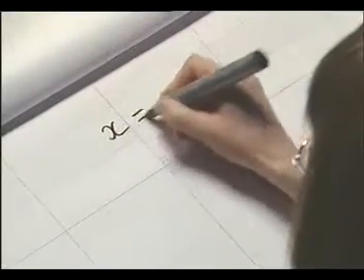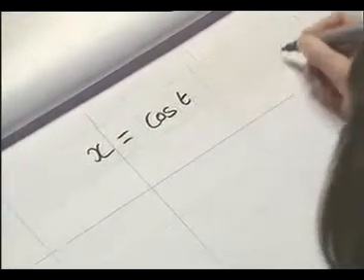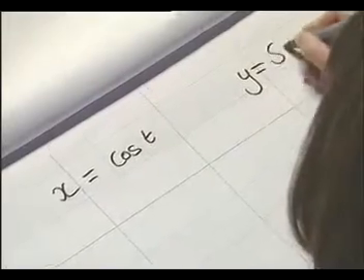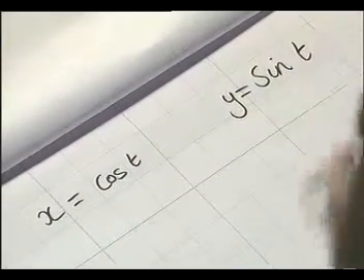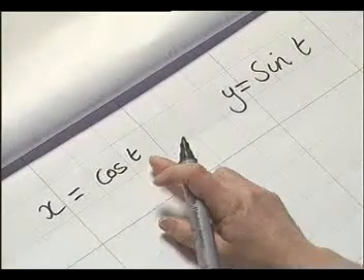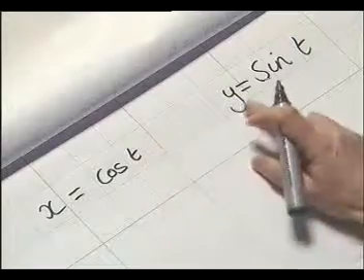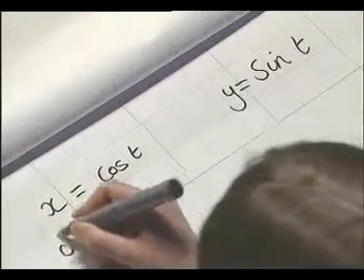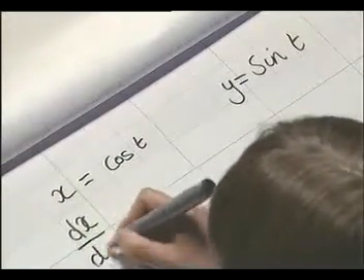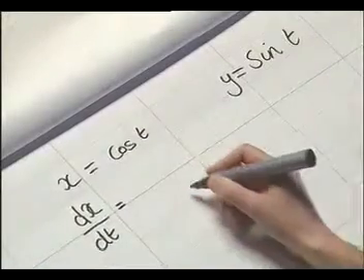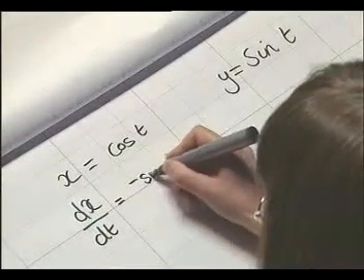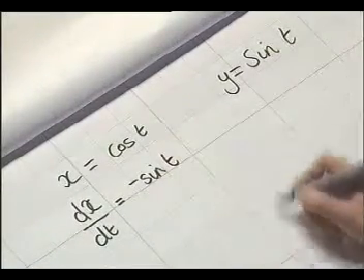Let's write the two equations again. x equals cos t and y equals sin t. And what we're going to do to differentiate is to differentiate each equation with respect to the parameter t. So dx by dt, the derivative of cos t is minus sin t.